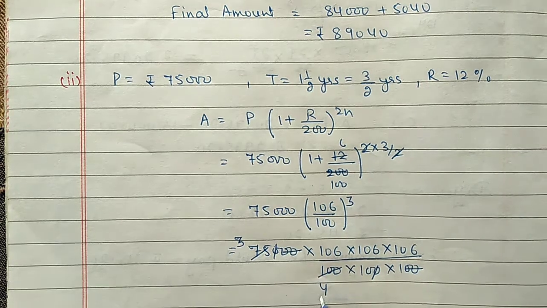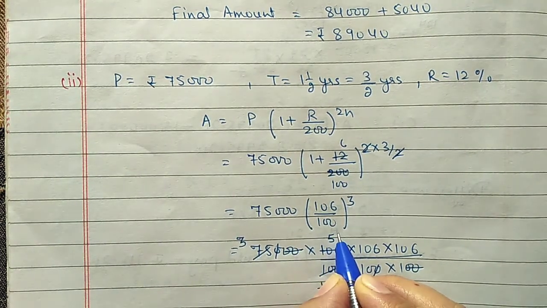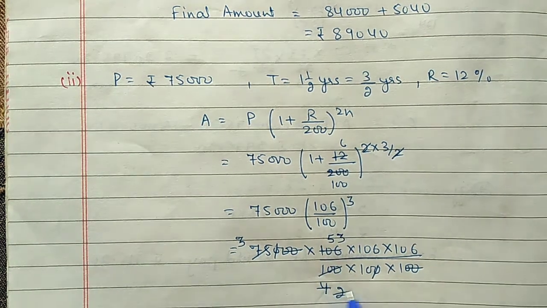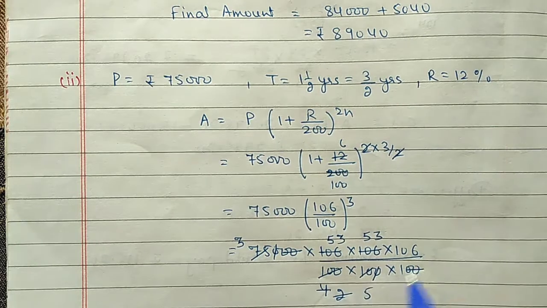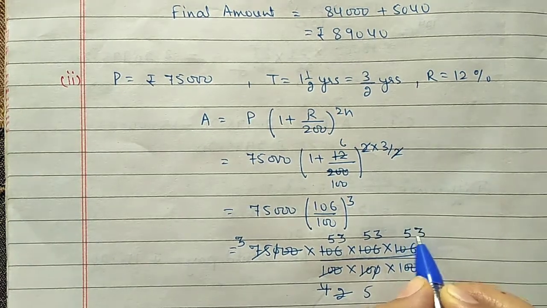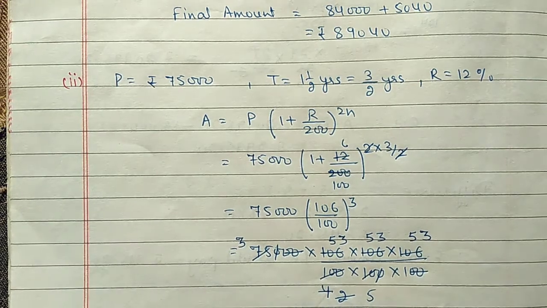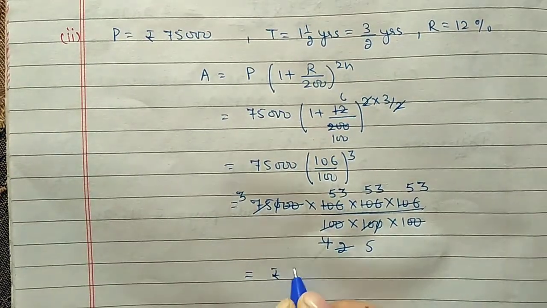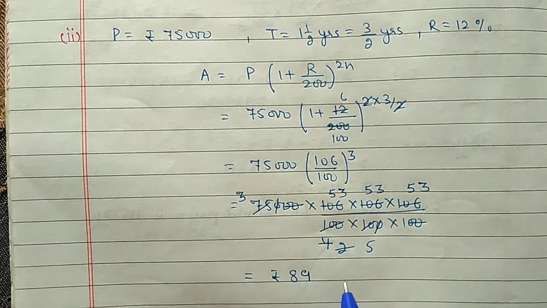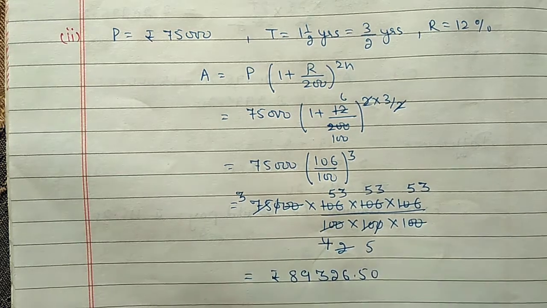After this we can cancel out 2 twos and 25 three times, then 25 three times and again 2 fives. Now remaining numbers we have to multiply and divide by 5, and after the whole calculation we are getting 89,326 rupees 50 paise.